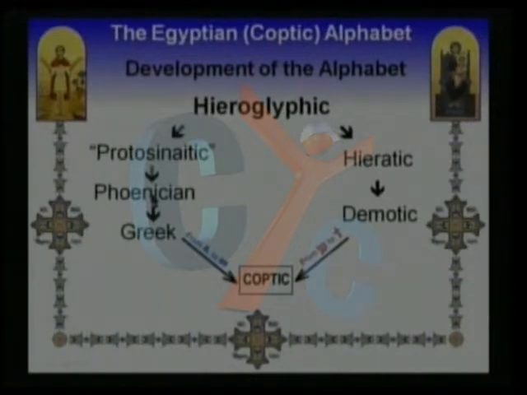It was 28 letters, and these Phoenician letters are based on the hieroglyphic, but they were very concise, a short number of letters. And the Greeks took the Phoenicians' letters. Actually, they not only took the shape of the letters, they took the names also.